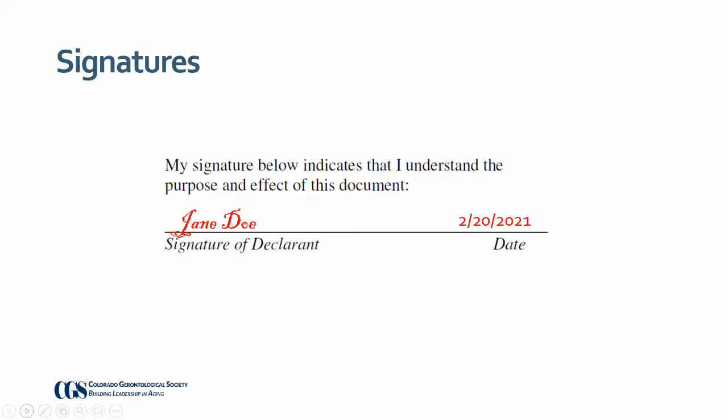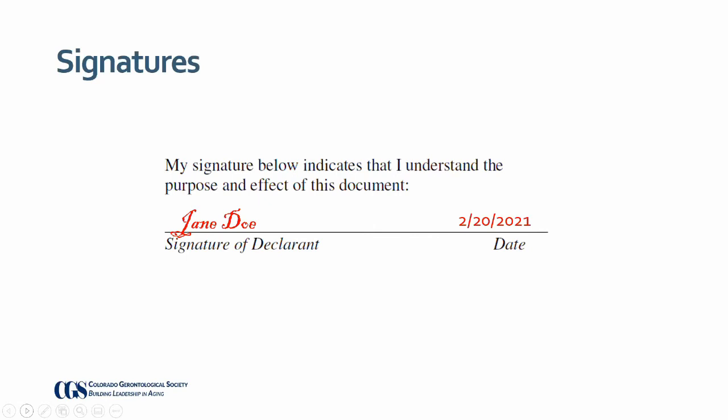So now that you've listed who you are, who your agent is, if you have alternates, when you want those powers to begin, and if you have any instructions to your agent, that is the majority of the form. If you are not going to get your form notarized, then you just need to sign and date your form.